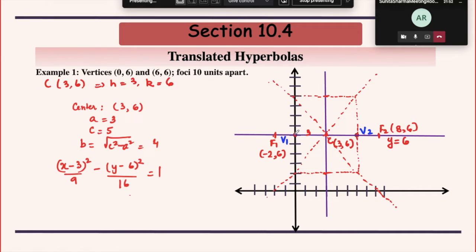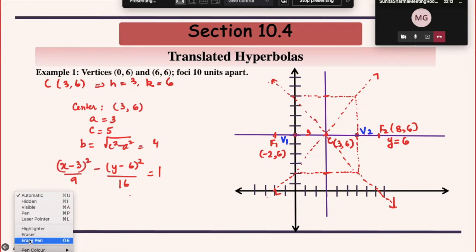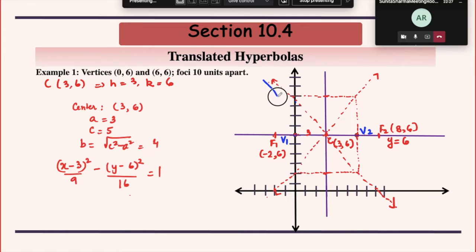So you just need to start from this vertex, and using these asymptotes or these diagonals as your guiding lines, you have to complete the branches. So on the left side, start from the vertex and you consider this as your tangent to that branch, and you can just complete it.